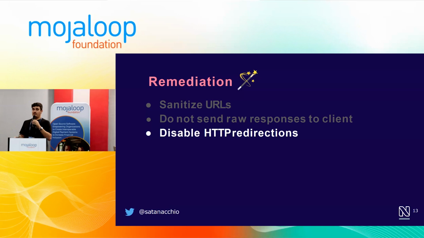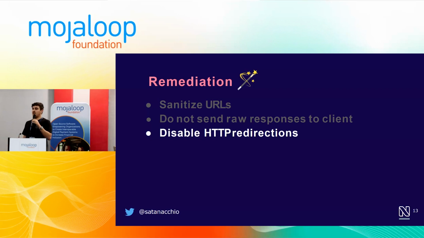And this is the most important one. You always have to disable HTTP redirections when calling a third-party API that could be something trusted or not. You want to disable HTTP redirections because you don't know if you're calling a domain, for example, that could not be available anymore, and someone could be doing some sketchy redirections underneath.